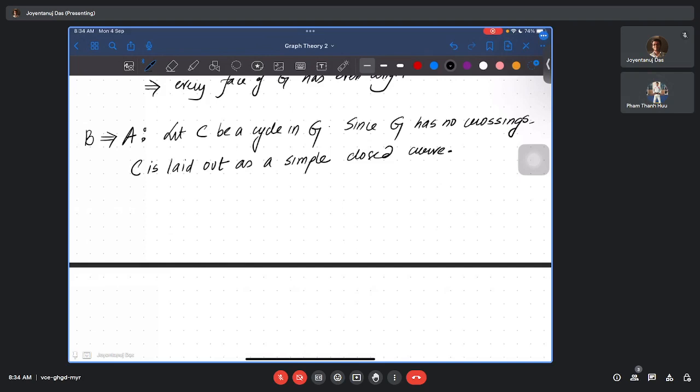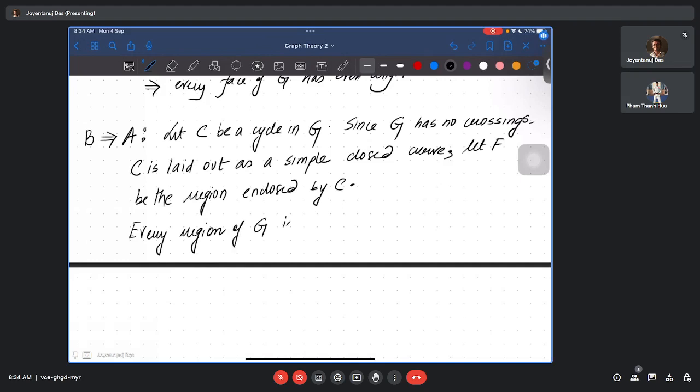And since it is a closed curve, there is a region that is enclosed by C. So let F be that region, the region enclosed by C. Now, every region of G is wholly within F or outside F, right?